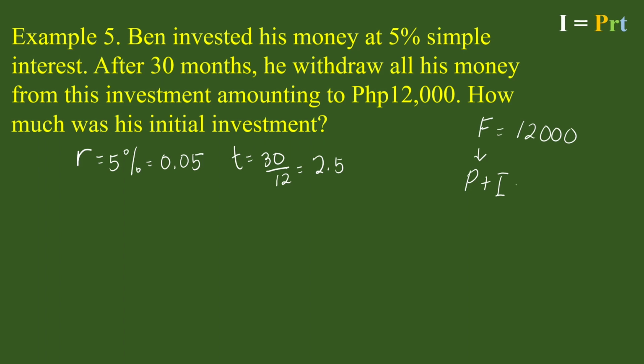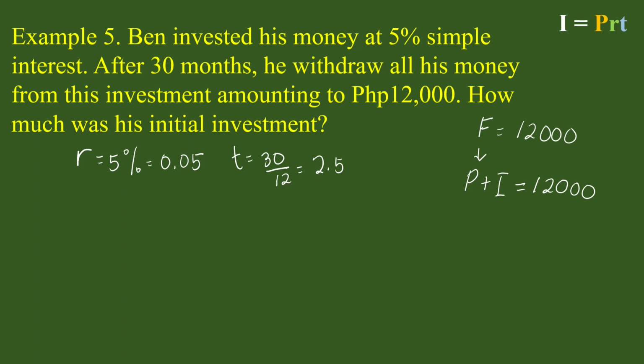So that means P plus I is equal to 12,000 pesos. Now this is a bit different from the previous examples because in the previous examples we have only one variable unknown. In this case, P and I are both unknown, but with the given we have actually 12,000, which is P plus I.